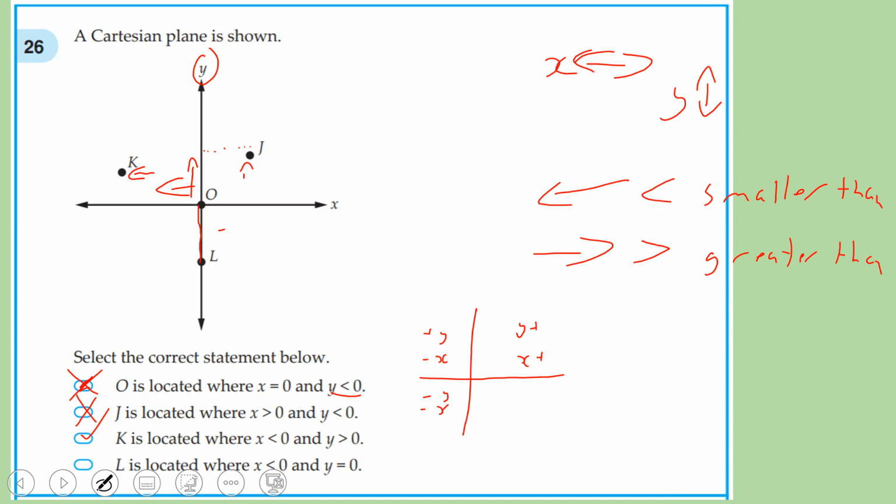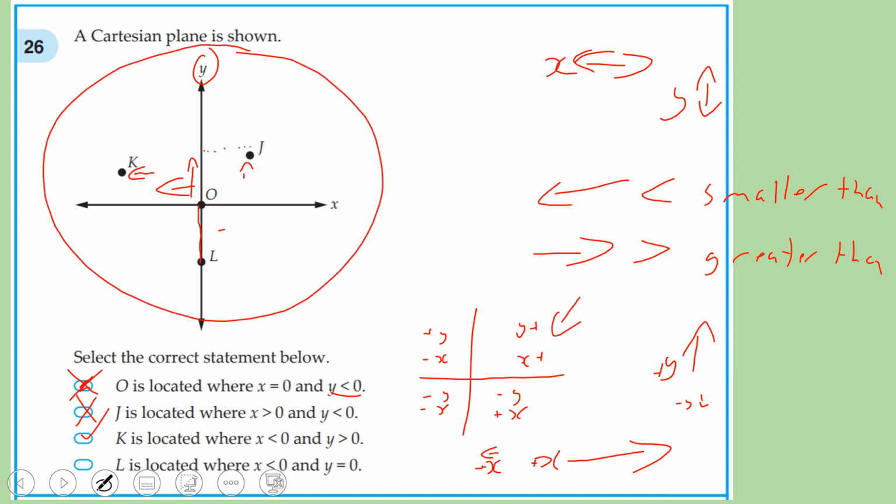And this one will be where y is negative and x is positive. So remember, x is positive as we go right, y is positive as we go up. So it's obviously the other way around for the other way. Okay? It's very important to know this to be able to read Cartesian planes.